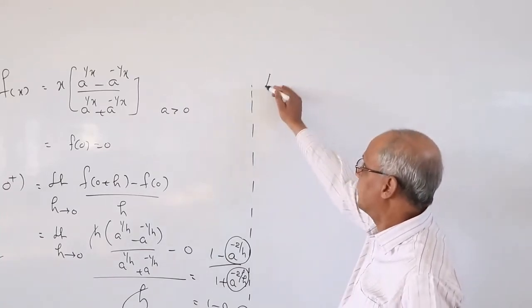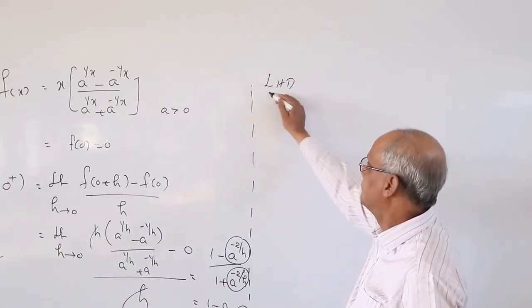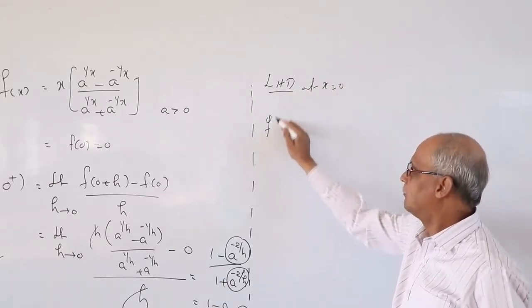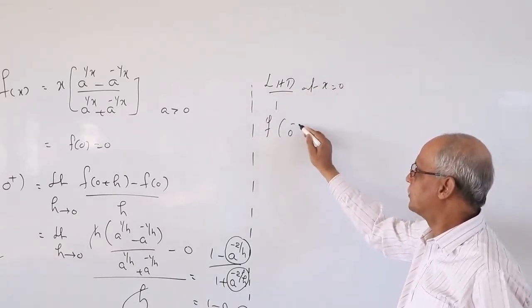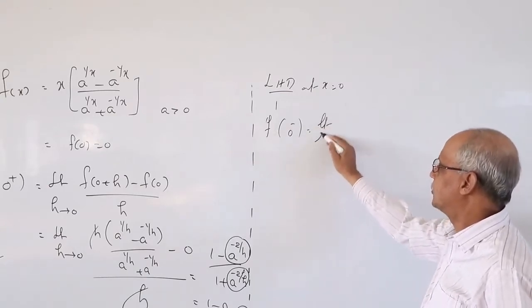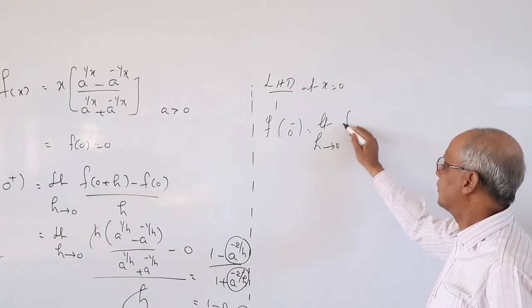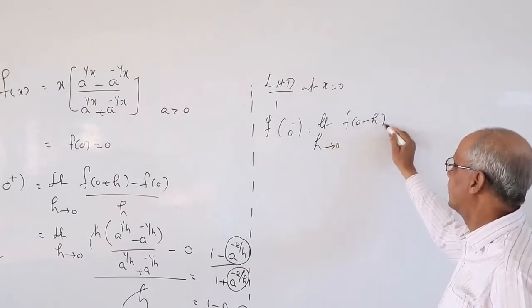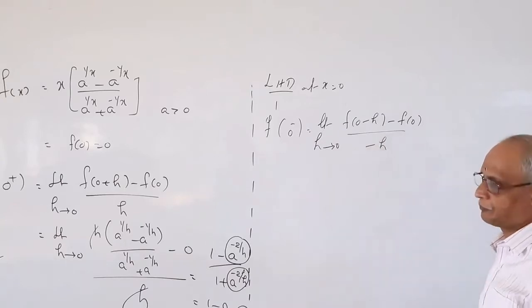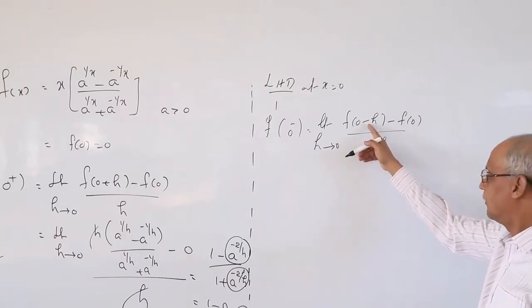Now we are going for the left hand derivative at 0. What is the symbolic form? f dash of 0 minus. By definition, limit h tends to 0, f of 0 minus h minus f of 0 by minus h. How do we consider f of minus h?